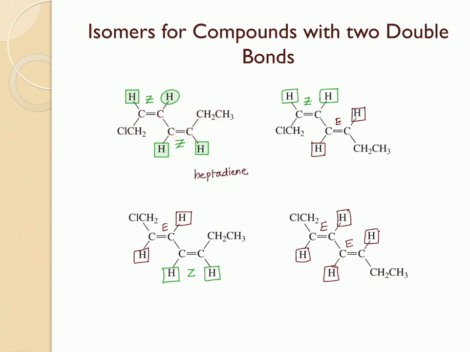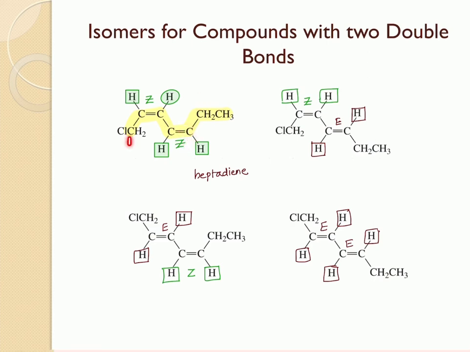Now we have to assign the numbers. From which direction are we going to go? We need to make sure that the double bond gets the priority, which means it needs to get the lowest possible number. So if we have identified this to be our chain, we need to find out which direction we are going to go in. If we go from here to the other side of the molecule, that puts the double bond in the third position.